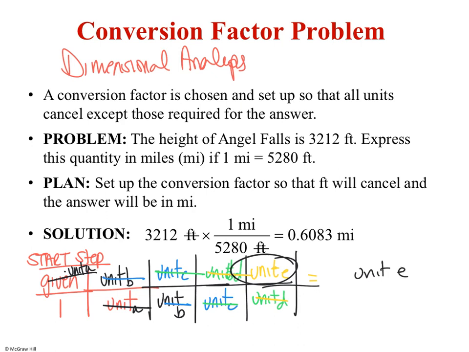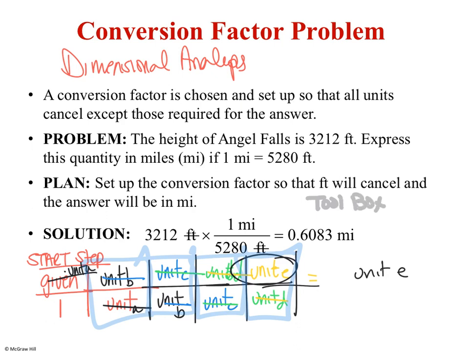Each one of these blocks has to have a conversion factor, and conversion factors always equal 1. Those are the ones we'll call putting in your toolbox, and they equal each other.